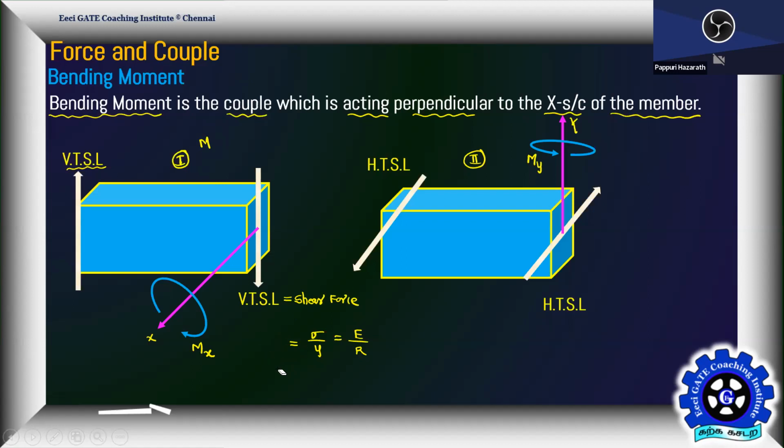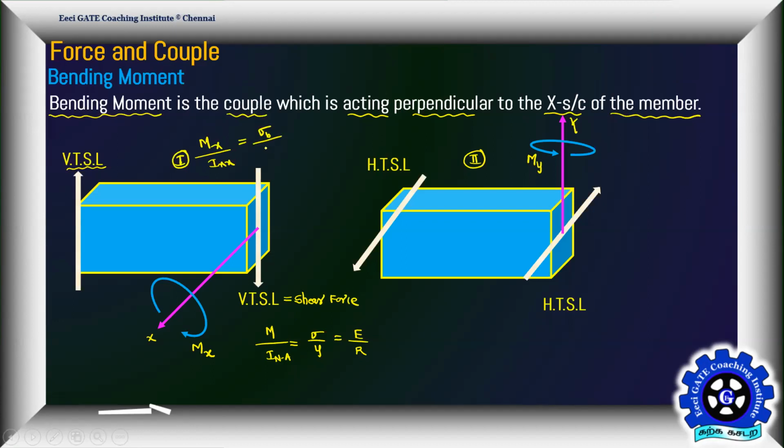Oh, sorry. In this particular case, you will be taking M by I about the neutral axis, of course. In this case, Mx by Ixx you need to take, sigma b by y. If it is b, this will be d.